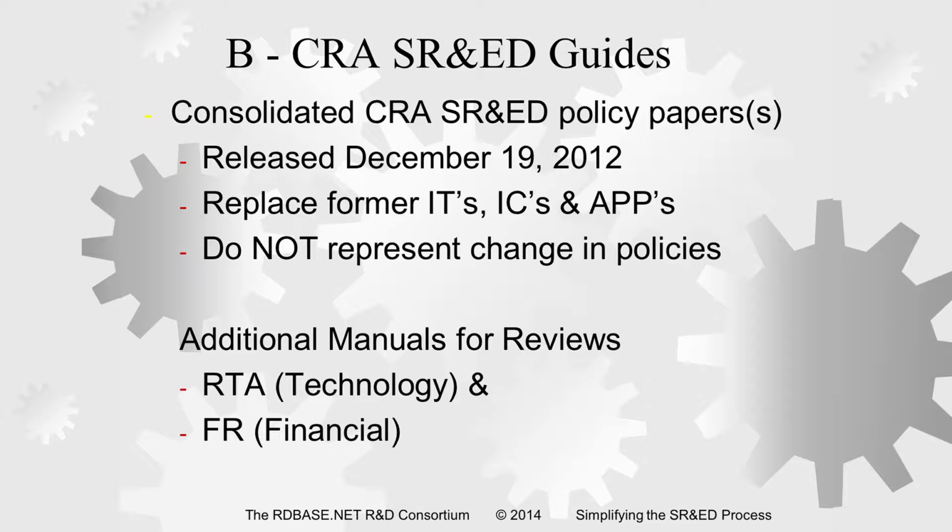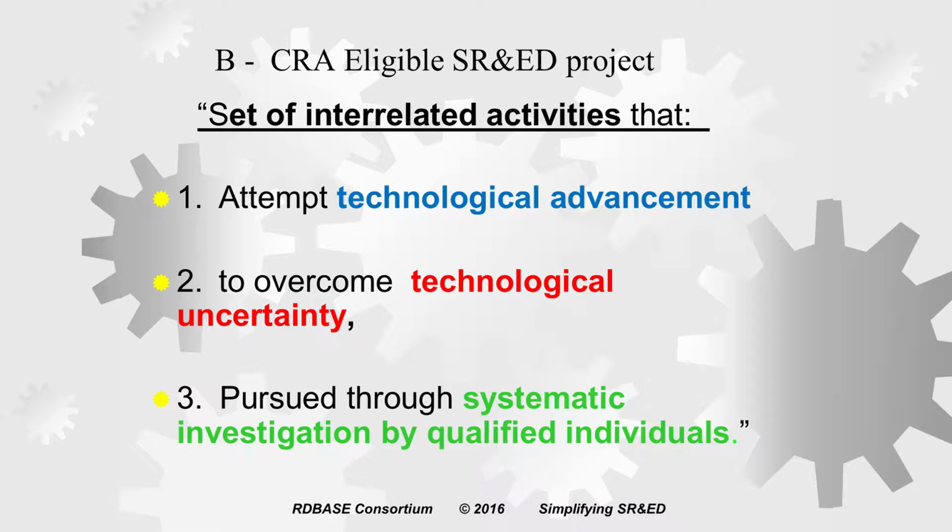So they also publish manuals for the steps a reviewer should take. There's both a technology reviewer, what they call RTA, Research and Technology Advisor, and a financial reviewer. So you'll see responses from both types of reviewers on different claims. You may have one review it, you may have both review it, or neither. You may have a desk audit.